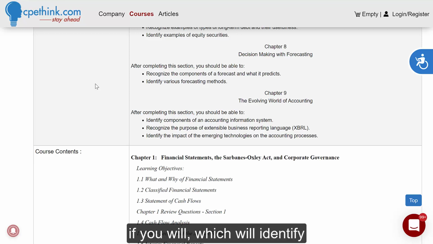Kind of a wrap up, if you will, which will identify components of an accounting information system, recognize the purpose of extensible business reporting language, XBRL, and identify the impact of the emerging technologies on the accounting processes. This will not get into blockchain with cryptocurrency and things like that. We do have courses specifically on that, but it will not be covered in this course if that's what you're looking for.